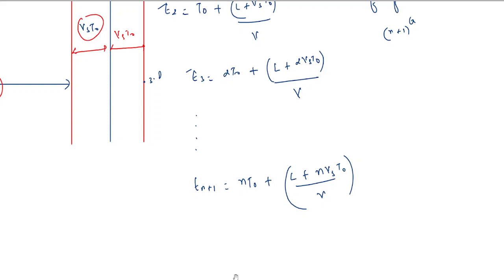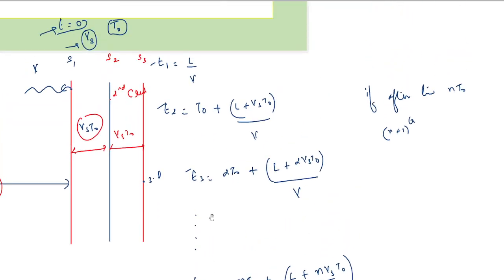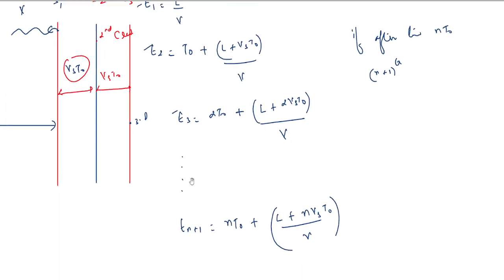If we take the difference T_(n+1) minus T_1, or T_(n+1) minus T_n, this will give us the time interval for which n crests would reach the observer.